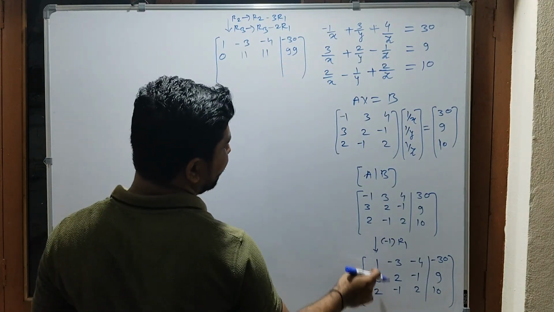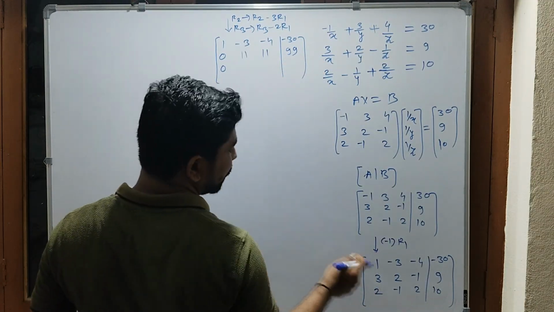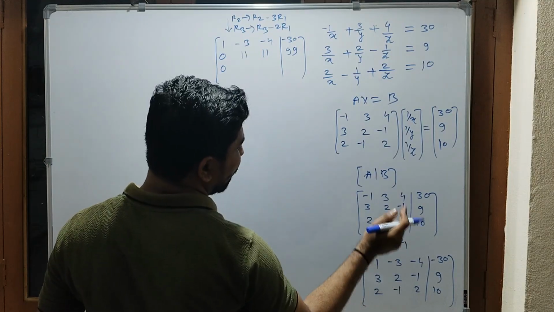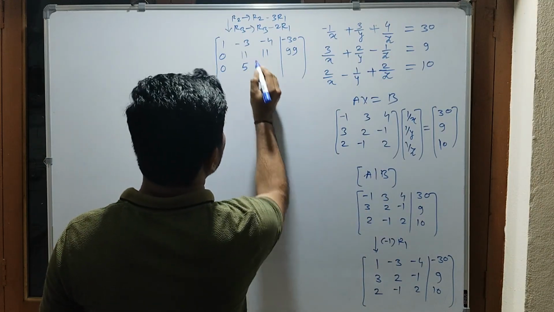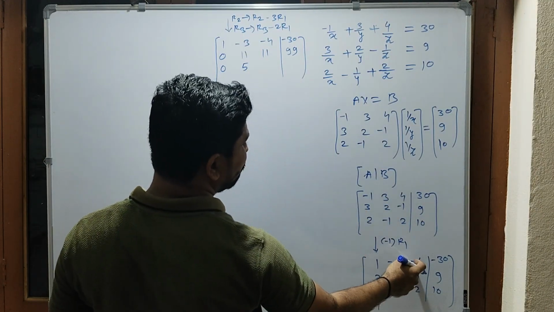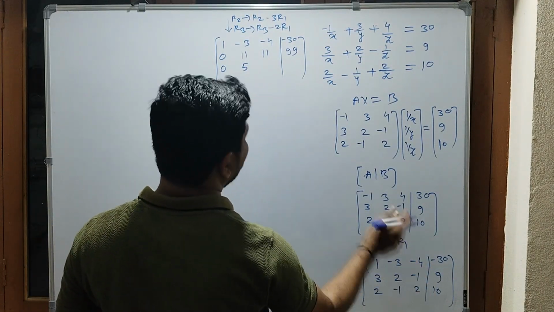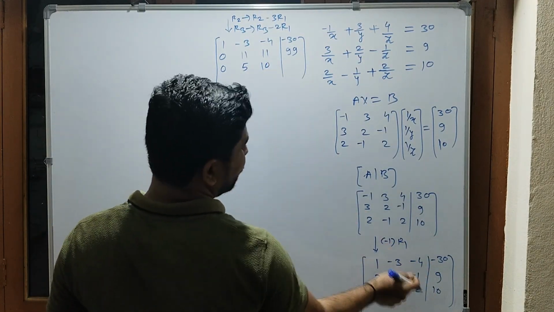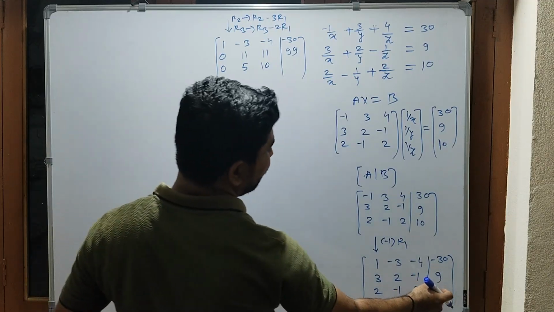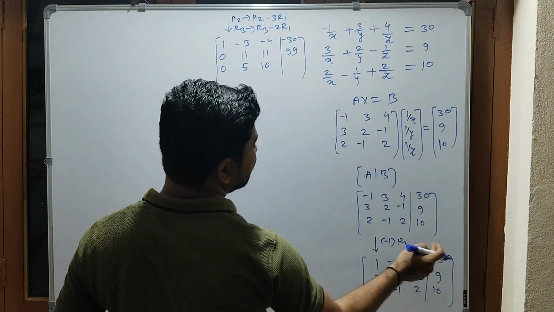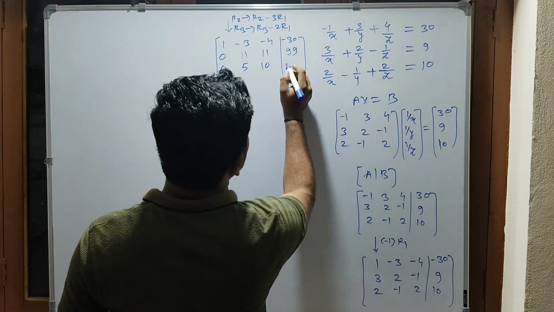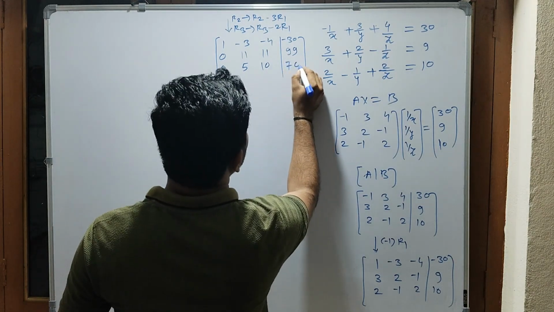Now the third row: 2 minus 2 times 1 is 0; minus 1 plus 6 is 5; 2 plus 8 is 10; and 10 plus 60 is 70.